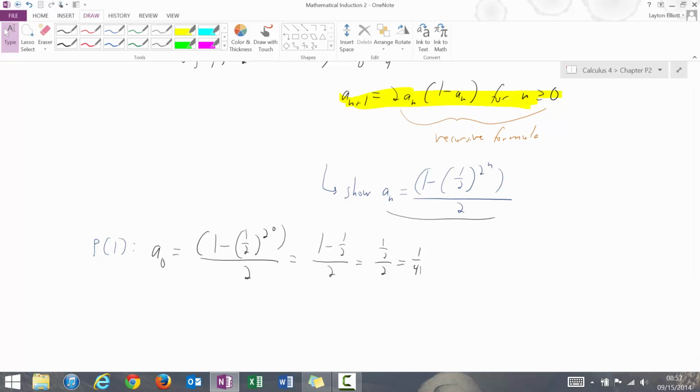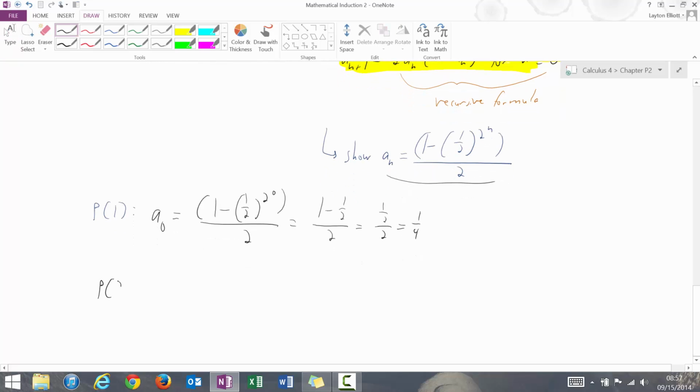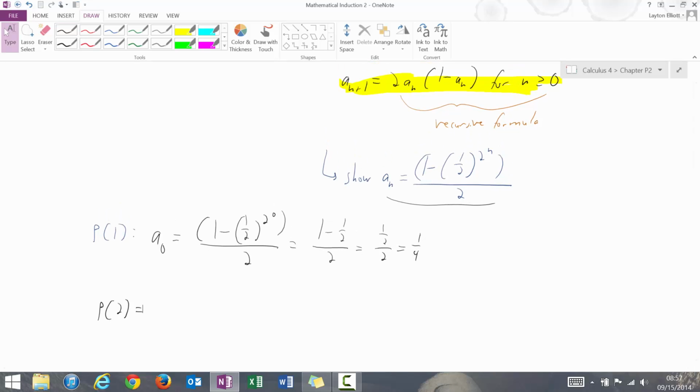Now, just for kicks, we're going to show p of 2. P of 2 in the recursive formula would be a of 1, and a of 1 is 2 times the previous one, so a sub 0 is 1/4, and then 1 minus 1/4, so that's 1/2 times 3/4, which is 3/8.